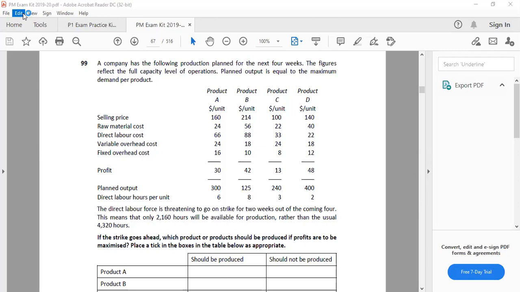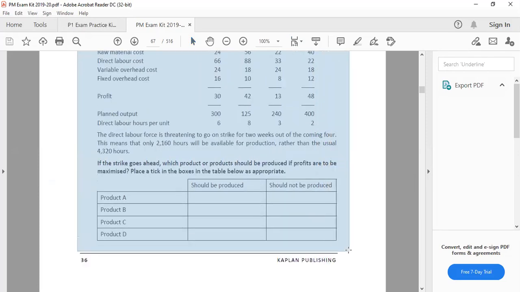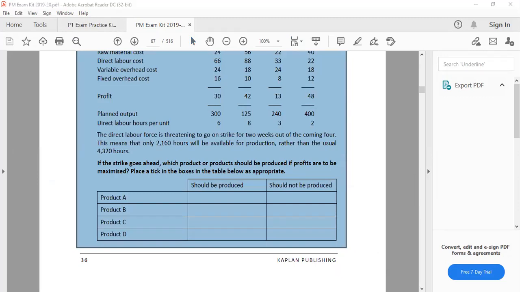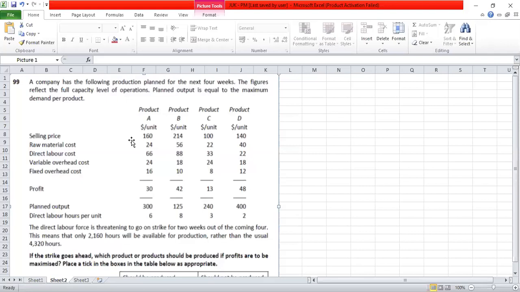Let's take this question. Question number 99, let's solve this one.